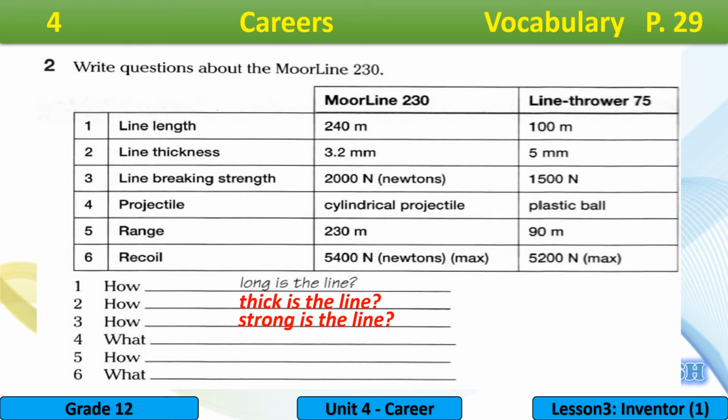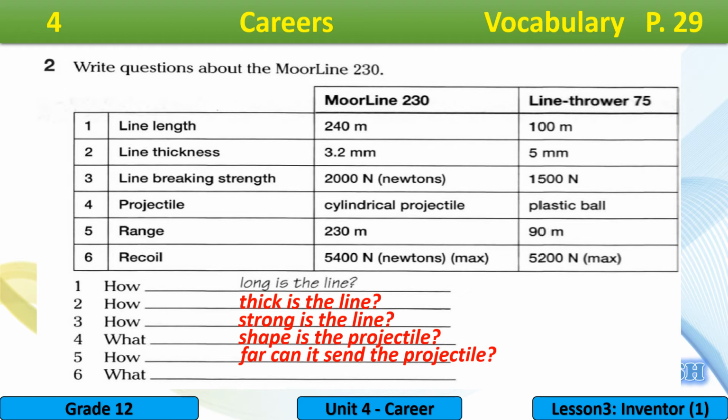Line breaking strength is 2000 newtons. Question number 4, what shape is the projectile? As you can see, the answer is cylindrical projectile. Number 5, how far can it send the projectile? The answer is 230 meters.